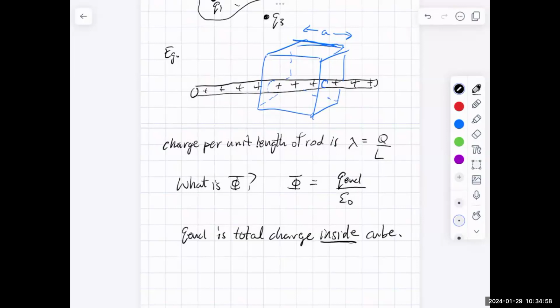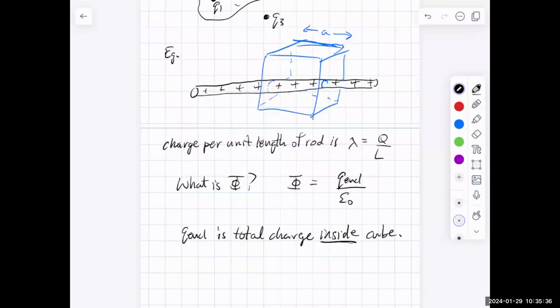Now what we have inside the cube is a portion of our rod, and our rod has charge per unit length Q over L. So that's like a charge density. If we know the length of the rod inside the cube, we take lambda times that length, and that's the total charge that's inside. Because our cube has length A, the section of the rod inside is also length A, so lambda times A is the total charge inside our cube.